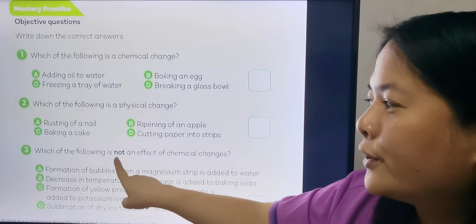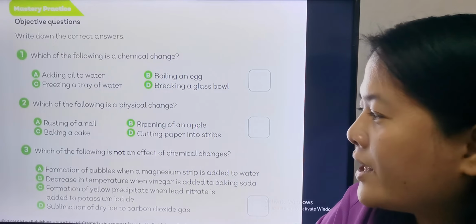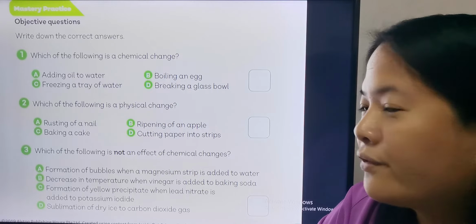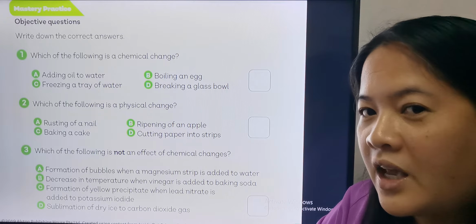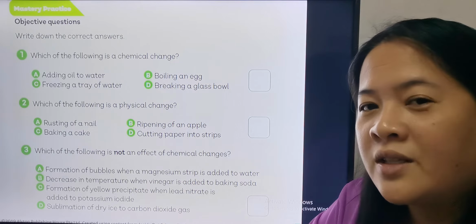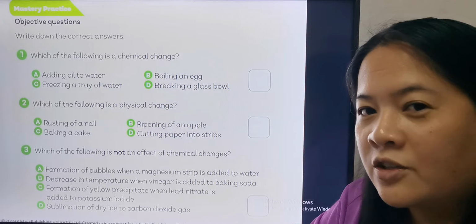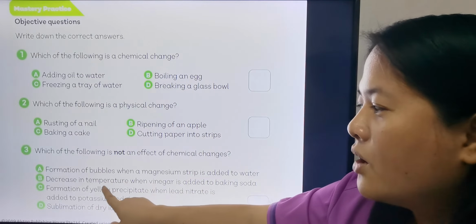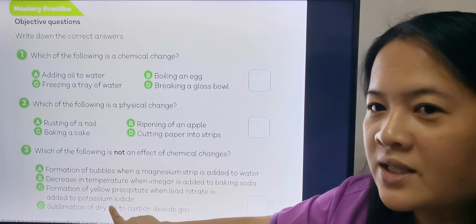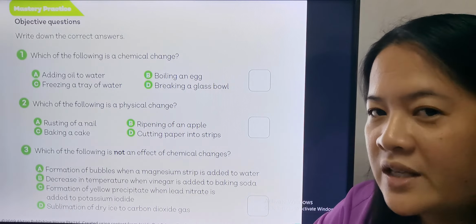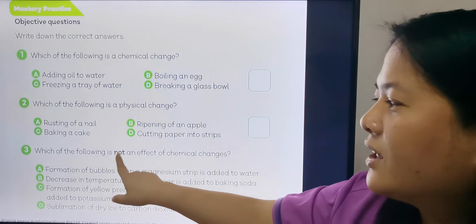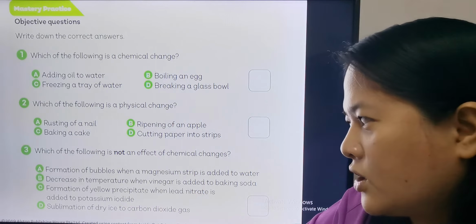Okay, and for number 3, which of the following is not an effect of chemical changes? Okay, last week teacher Yuri discussed about the effect of chemical changes, so you're going to look which of these choices is not an effect of chemical change.